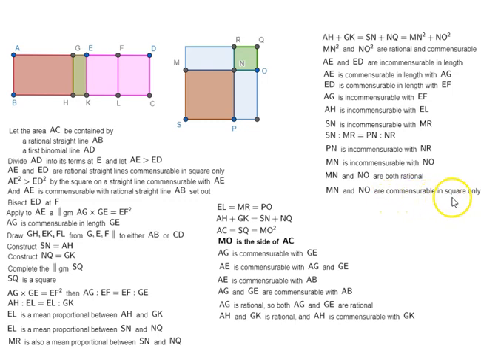MN and NO are commensurable in square only because they are incommensurable in length but commensurable in square. So which means MO is binomial and the side of AC. That was proposition number 54 of book 10 of Euclid's Elements.